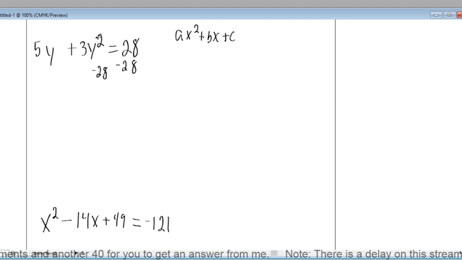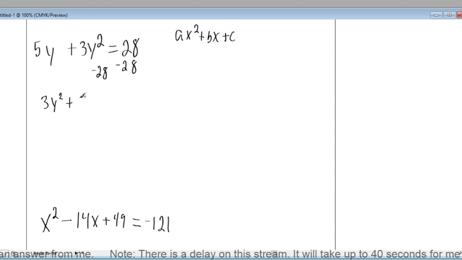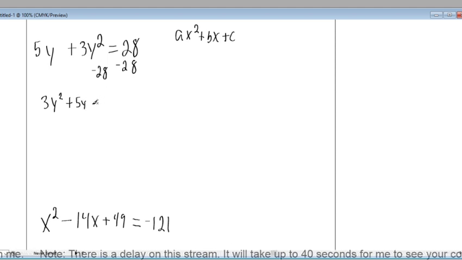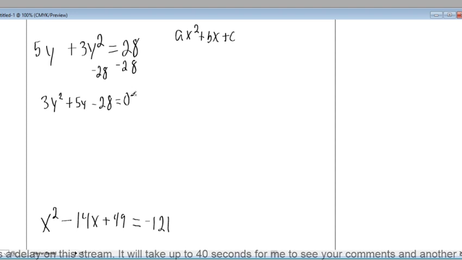So our biggest power out in front, then the next smallest power, which is 5y, and then our c term. And it's all equal to 0.